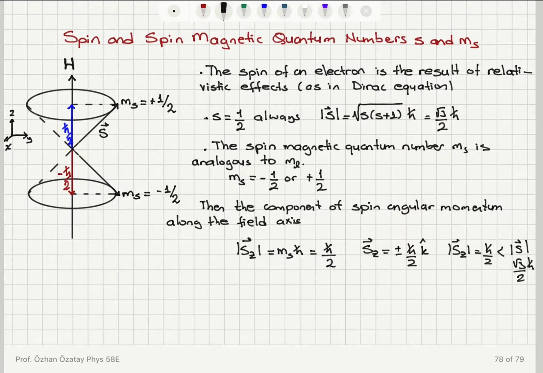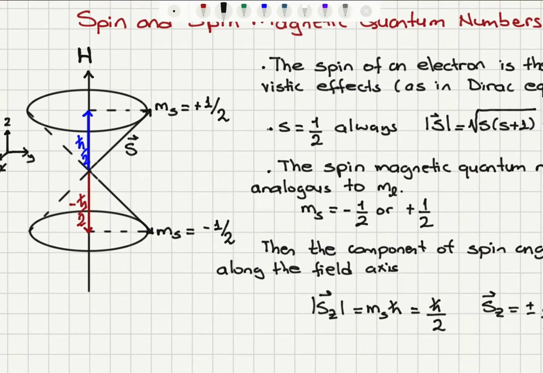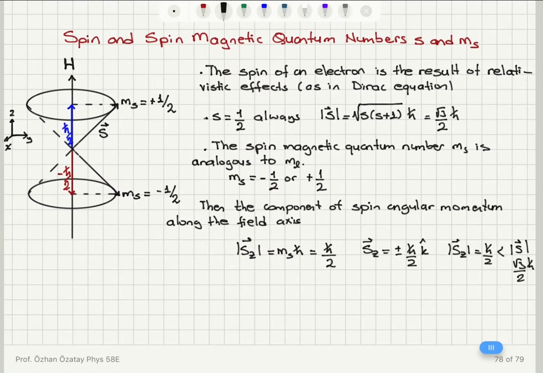Now the spin angular momentum vector also precesses around the field axis on a cone, and you can see that the two possible components along the field axis are plus h bar over 2 and minus h bar over 2, corresponding to the two possible values of the spin magnetic quantum number m sub s.